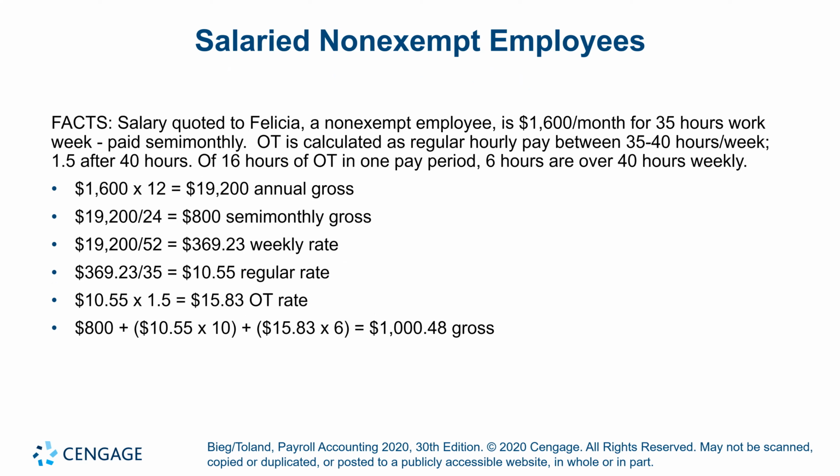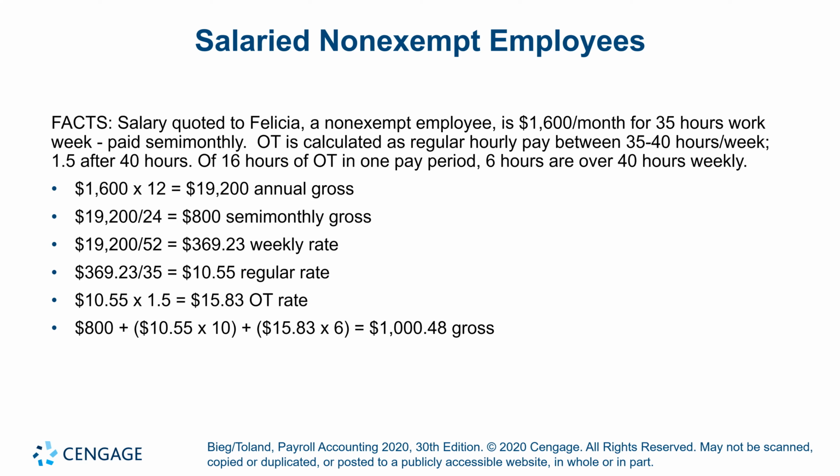Overtime is calculated as regular hourly pay between 35 and 40 hours per week, 1.5 after 40 hours. Of 16 hours of overtime in one pay period, 6 hours are over 40 hours weekly. So this person's only going to get paid overtime for the 6 hours that were actually over 40 hours.